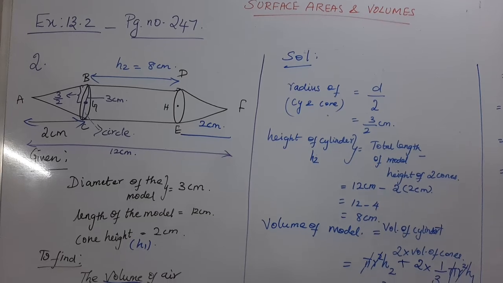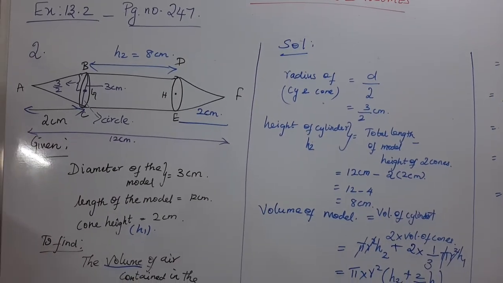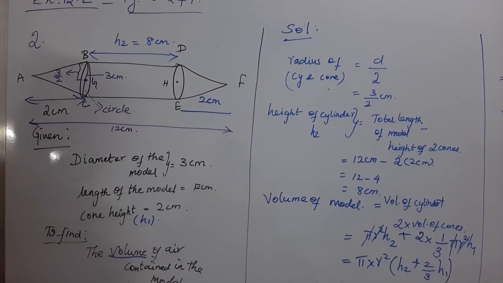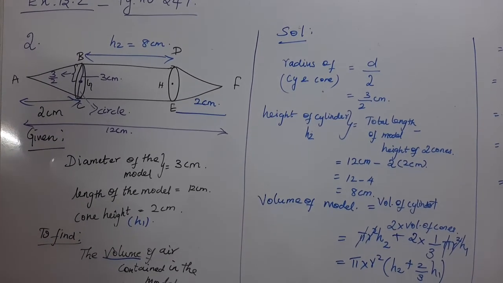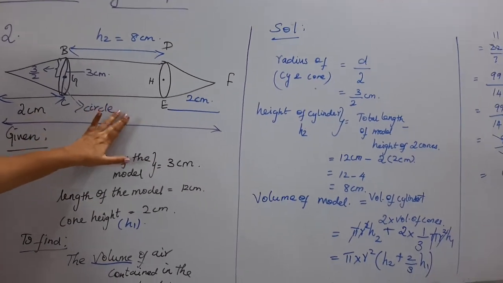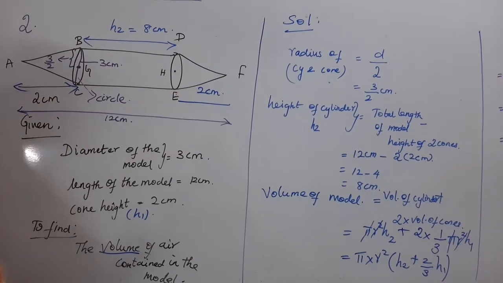When you get a complete model or an article or a capsule, or a beaker, container, whatever it is, divide that into basic solids. Here I got a model that I divided into a cone and a cylinder and a cone.